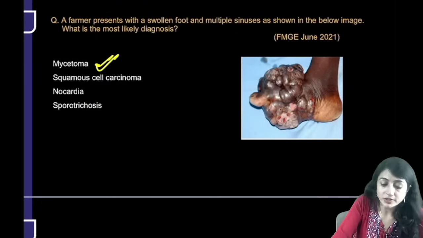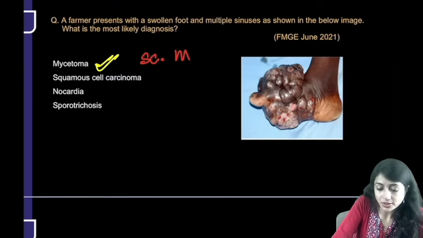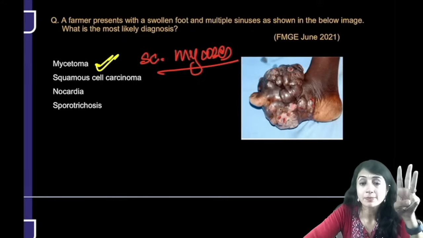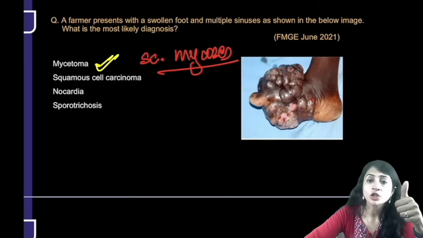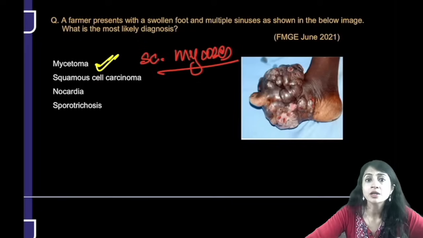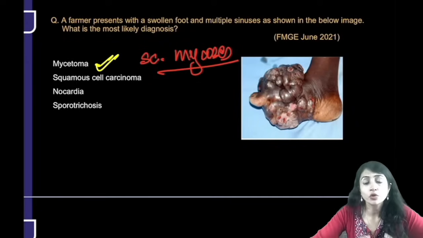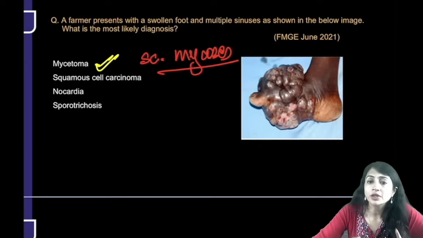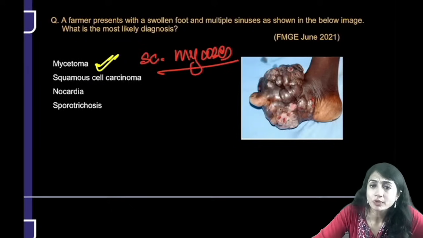Mycetoma is a type of subcutaneous mycosis or a deep fungal infection. There are three types of subcutaneous mycosis that you should know about: chromoblastomycosis, mycetoma, and sporotrichosis. Mycetoma presents mainly on the foot. There is a swollen foot with multiple sinuses, with tumefaction.